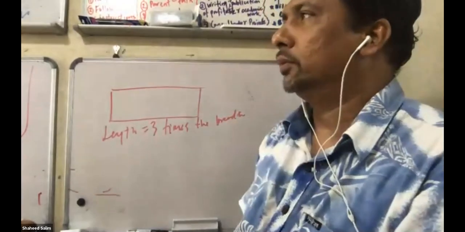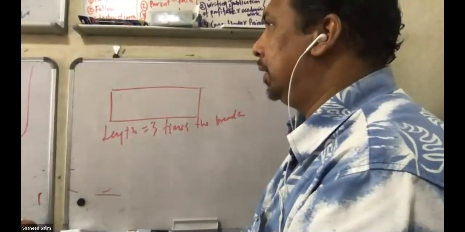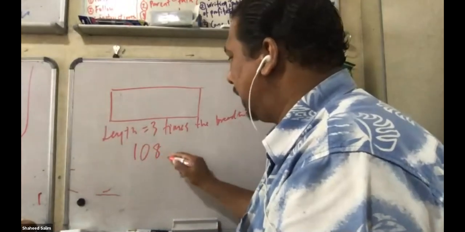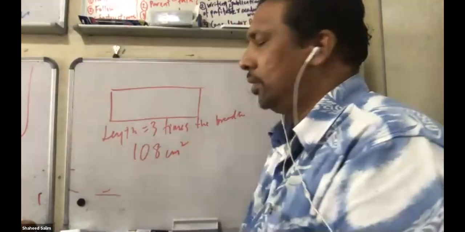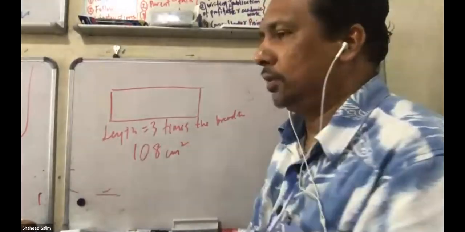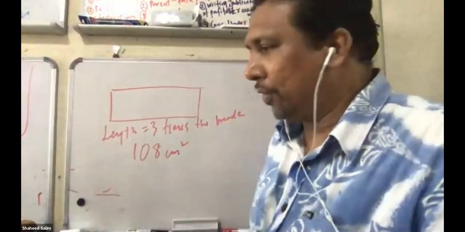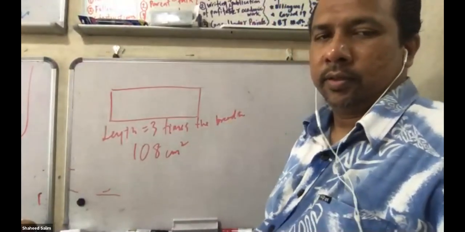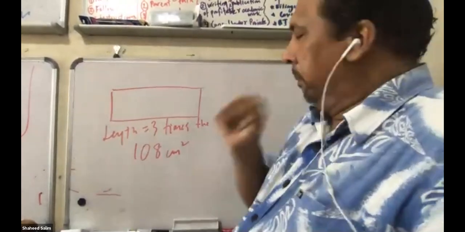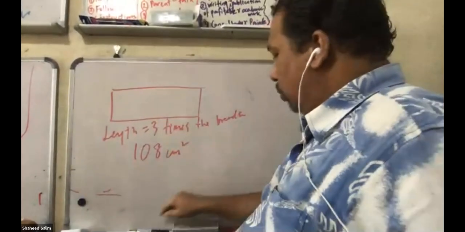Now, the area is 108 square cm. Find the length and find the breadth. The length is 3 times the breadth. The area here is 108.